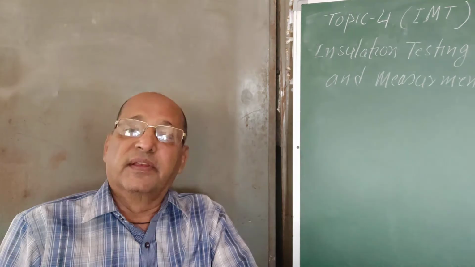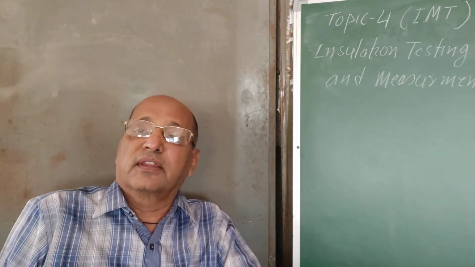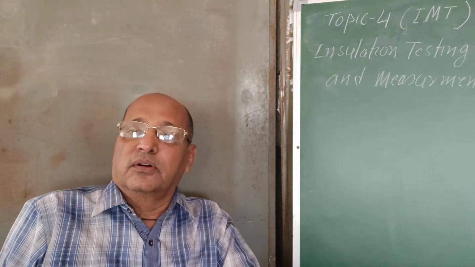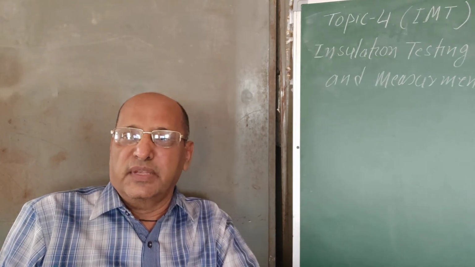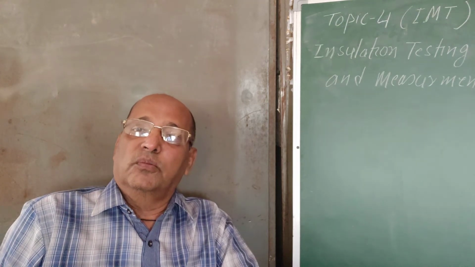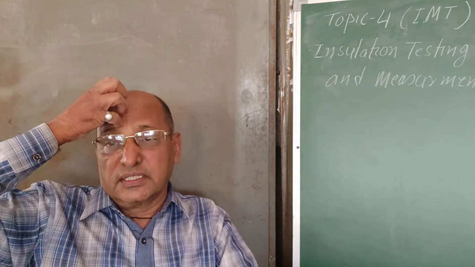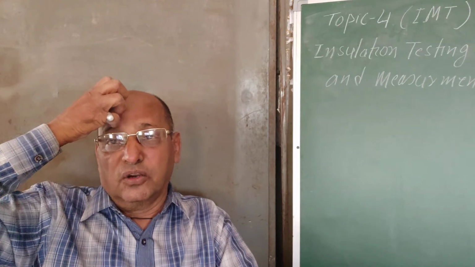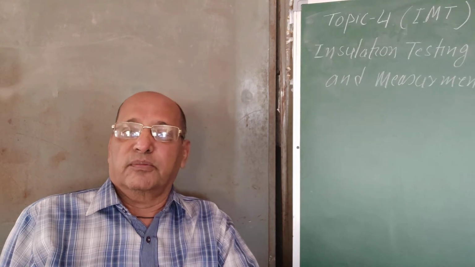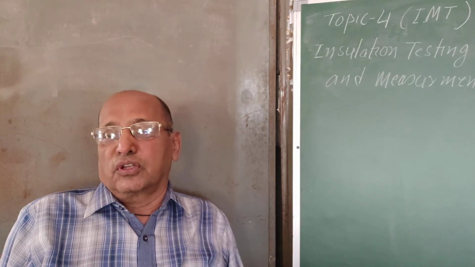Insulation resistance is generally measured with the help of a Megger. As the name implies, it is measured in terms of megaohm. Insulation resistance always comes out in megaohm, and different types of insulation provide different megaohm values.